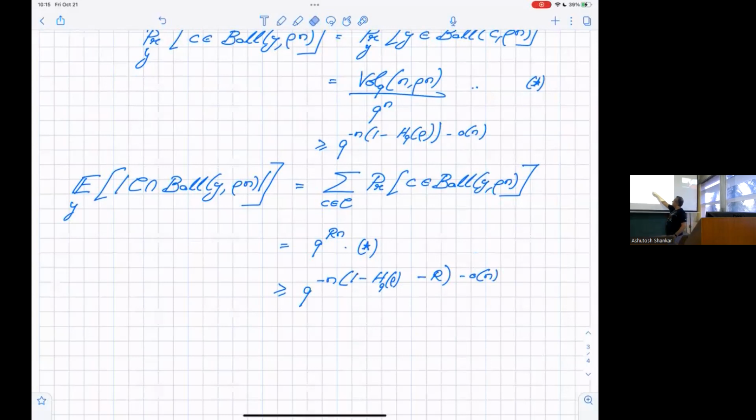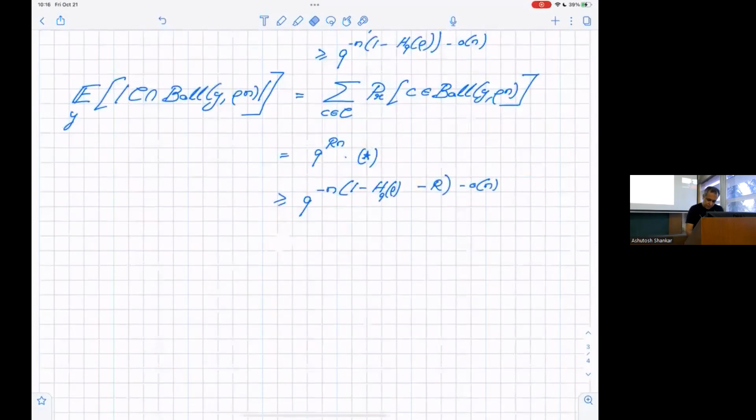Now if R is a little more than this, the numerator will be a positive quantity, modulo this negative sign, so it will be q power something, a number. Quickly, you can show that this is greater than or equal to q power epsilon n if R is greater than 1 minus H_q(rho) plus epsilon. And so on average, an average y has it, so certainly there exists one y for which this ball is large.